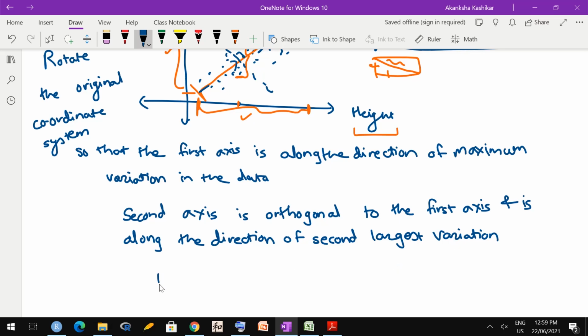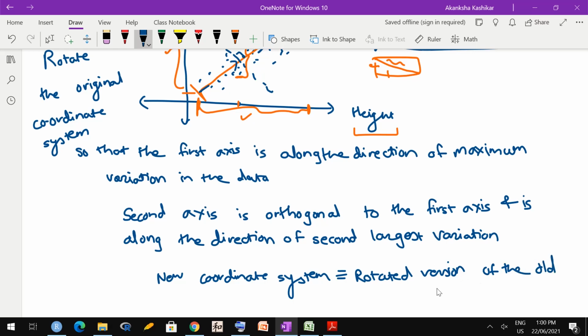Thus you get a completely new coordinate system, which is nothing but a rotated version of the old coordinate system.